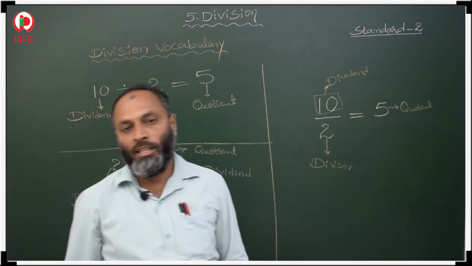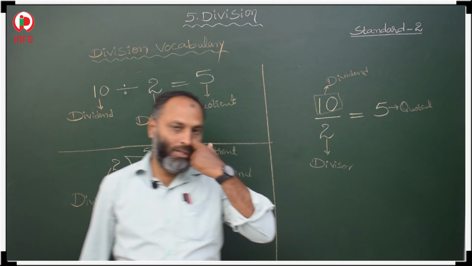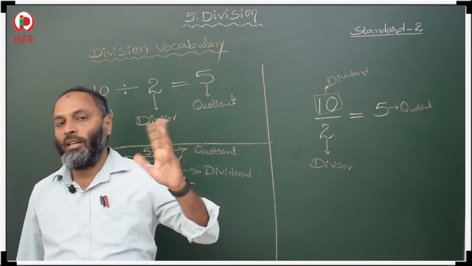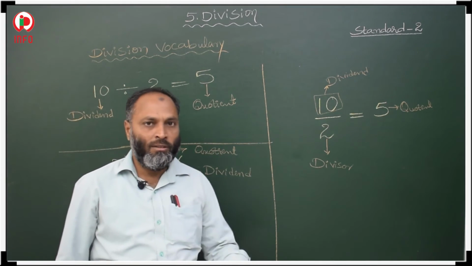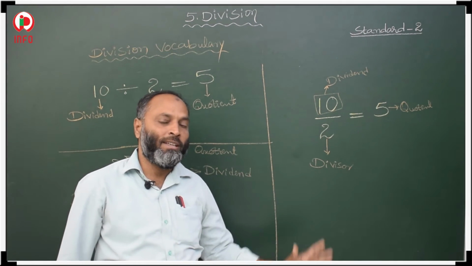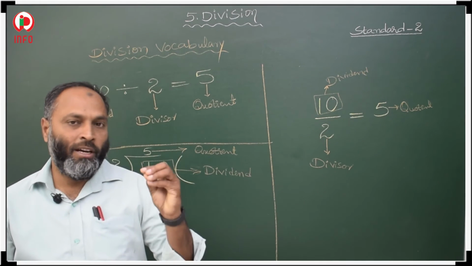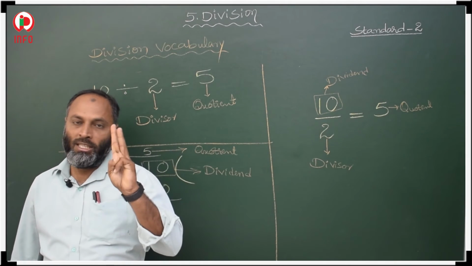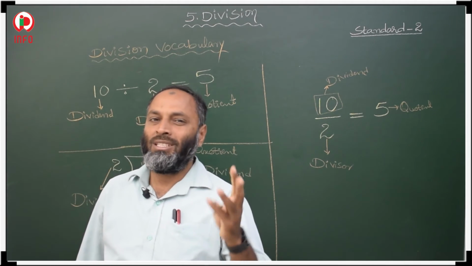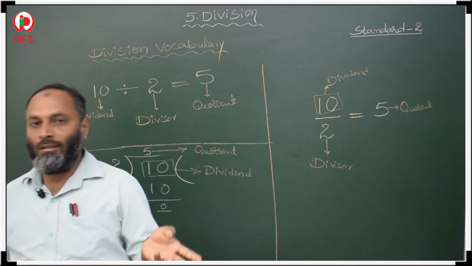Okay. So, whatever representation it is, maybe in this form or in that form, we have to find what is the divisor, what is the dividend and what is the quotient. These three terms are there in division. One more is there, the remainder, that will come later on.